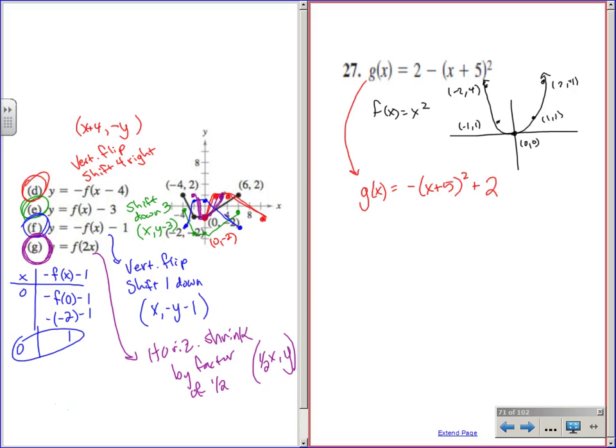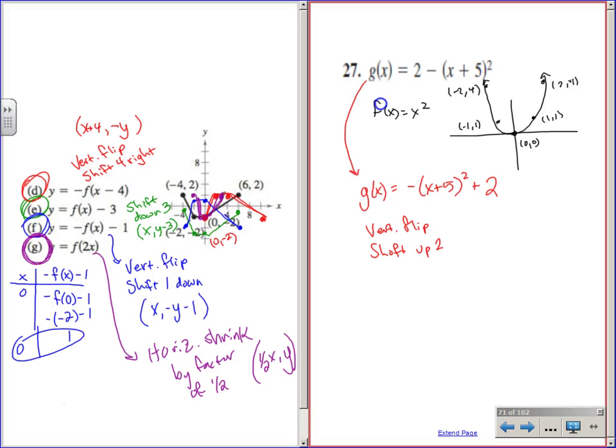First of all, what's this guy? Vertical flip. And as Joe and Alfredo both said, reflection in the x-axis. What's this guy? Wait, vertical. Hold on. We also have a vertical shift up 2, right? While we're talking about vertical.